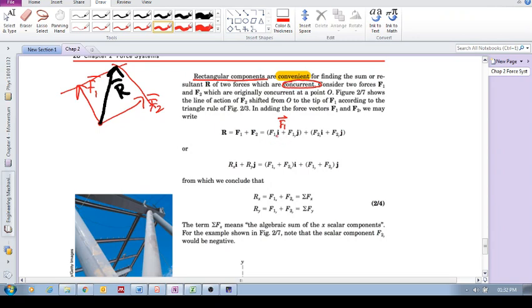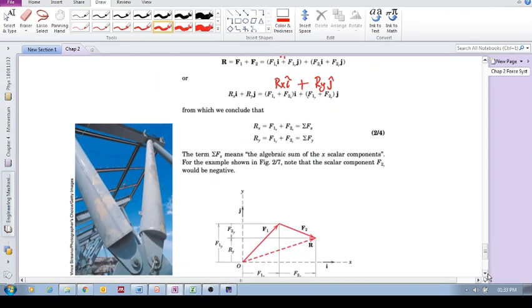All you need to do is add up the i's, F1x plus F2x, because these are pointing in the same direction, and then we add up the j's, the y components, F1y plus F2y. And so this is then Rx, the x component of R, times i plus the y component of R times j.